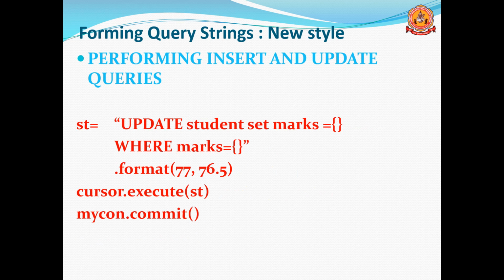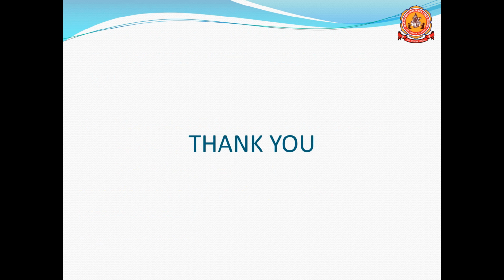The first curly bracket takes the value 77, the second takes the value 76.5, meaning 76.5 is replaced by 77. Then I execute cursor.execute of st. Then mycon.commit. Commit means the data will be stored inside the database. These are the ways of performing insert and update queries.